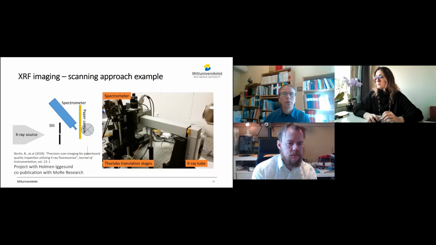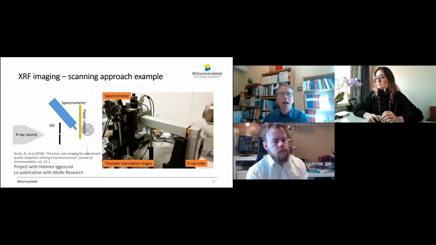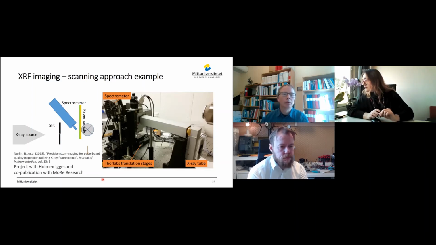I wanted to look at the scanning example also. So here is a different application where we looked at the XRF response for the coating quality of paperboard.